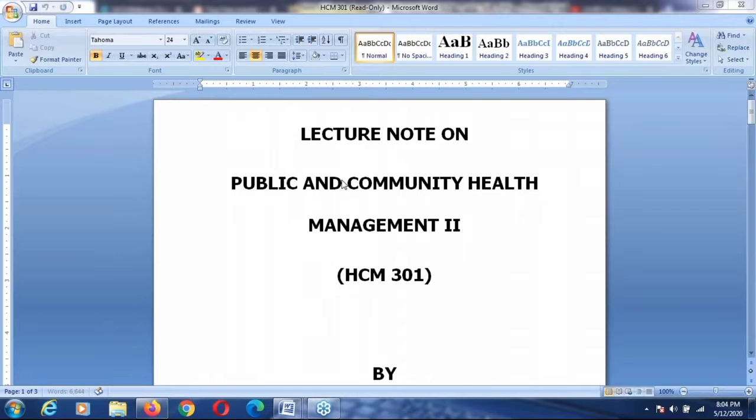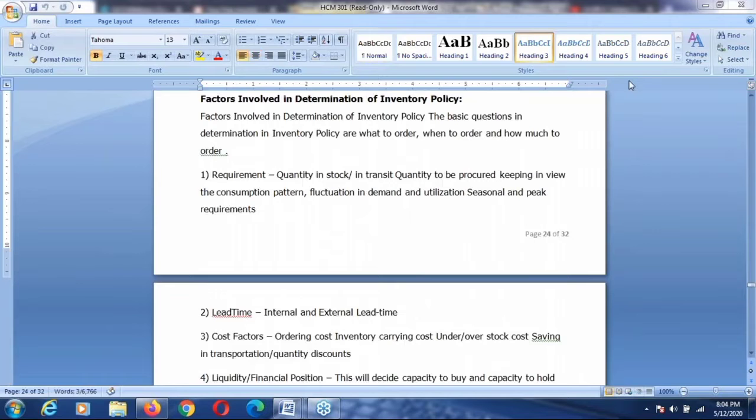These questions are: what to order, when to order, and how much to order. Those three major questions will come to mind when you are thinking of inventory control.